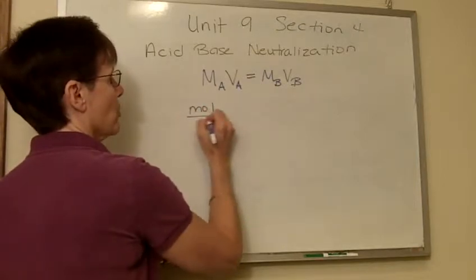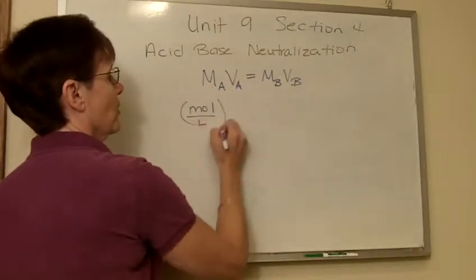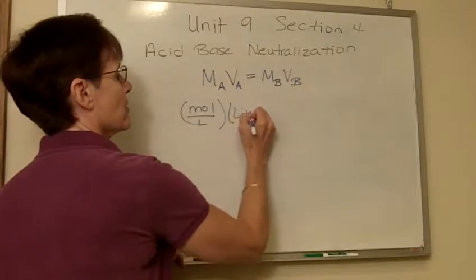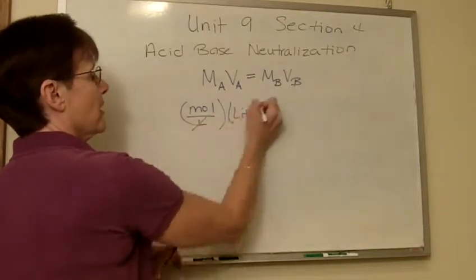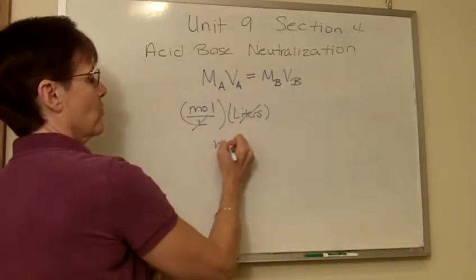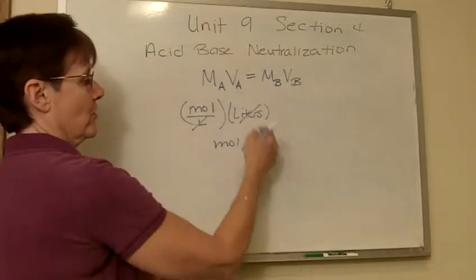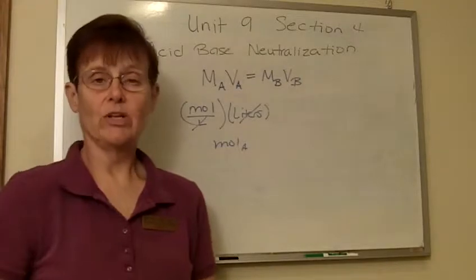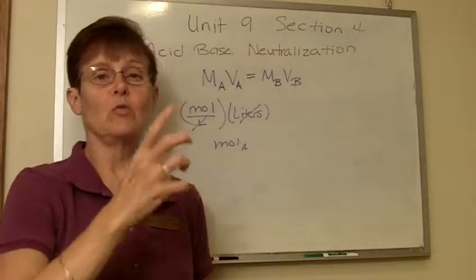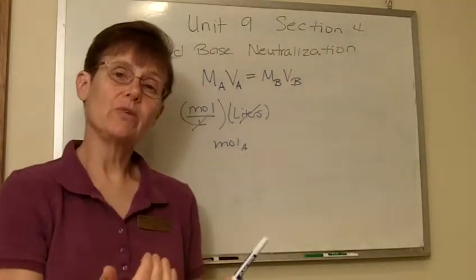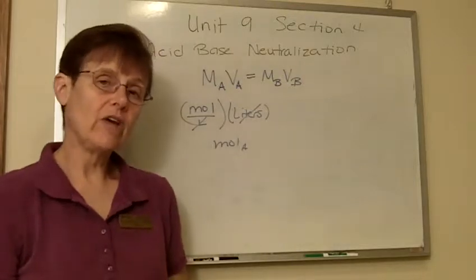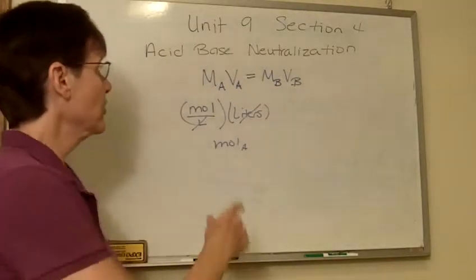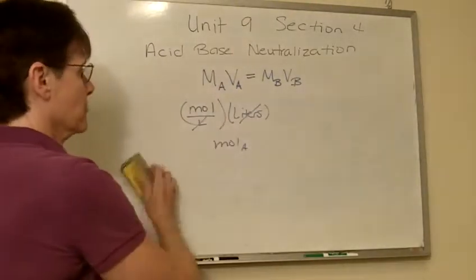That's moles per liter. Volume, that's measured in liters. So if we cancel those two things, we have moles of acid on this side of the equation, and similarly we have moles of base on that side of the equation. So when the moles of acid and the moles of base are equal, we stop our titration, and then we can use the values from the experiment to figure out what's the molarity of the acid.